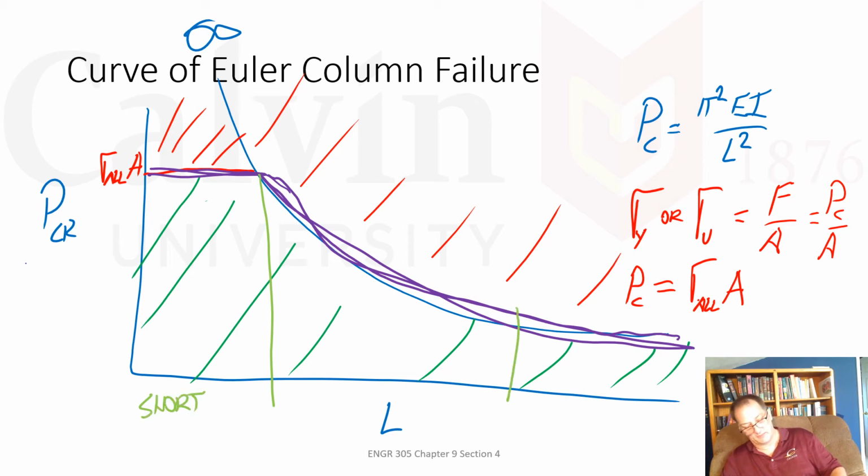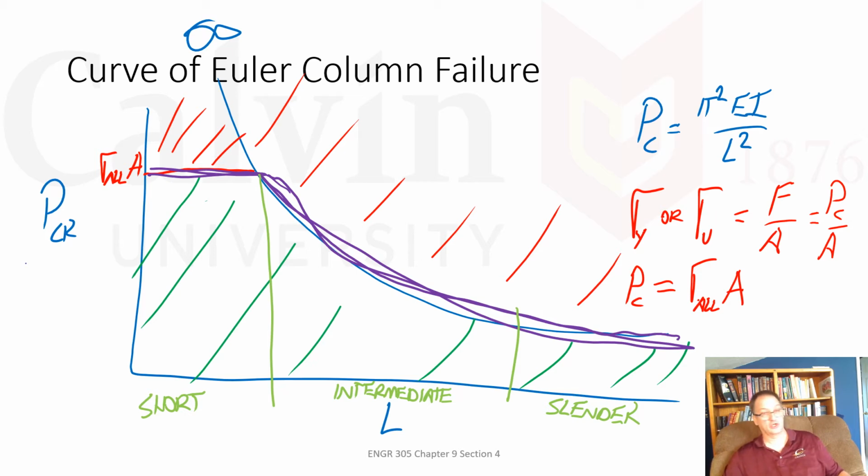This region where I'm changing dramatically is intermediate. And this is slender. And you go, well, how do I know what's what? How do I know which equation? Those are great questions. We're going to solve that in 2 slides.